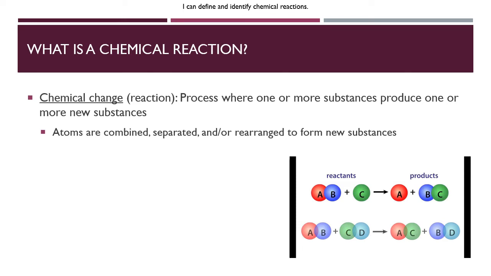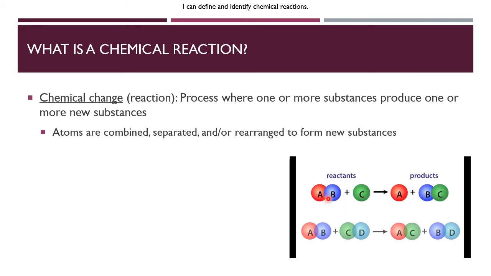So just a schematic here to help us understand this. Two different reactions you see here, and these are just generic, where in this first one I have some compound which involves atom A and B in a compound, and then that is reacting with atom C, which is just by itself. And then notice how the atoms have been rearranged here, where B is now with C and A is now by itself.